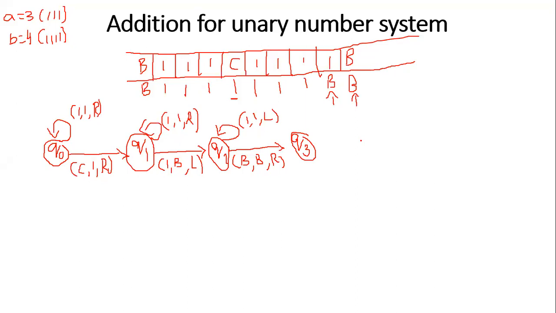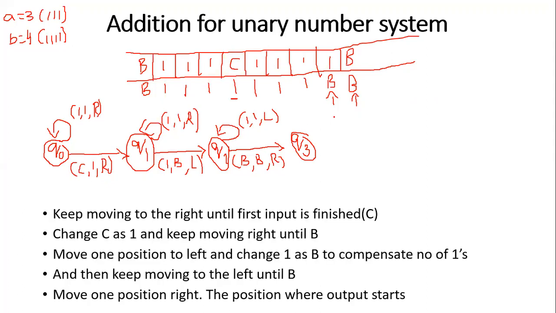What we are doing is changing C to 1 to get consecutive ones. So we will get consecutive ones, but we'll get one extra one. To compensate for the one extra we get after converting C to 1, we are changing the last one to a blank space. That's it. So this is your algorithm. These are your steps.